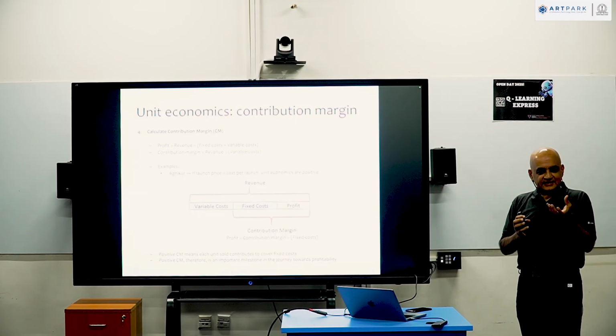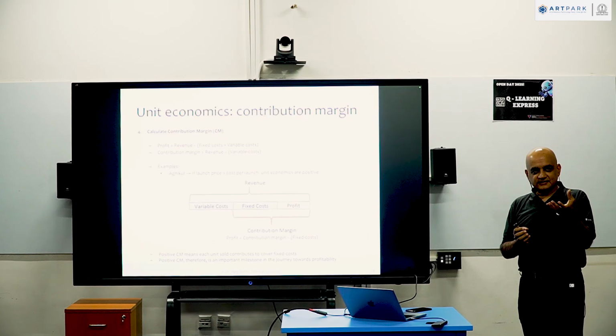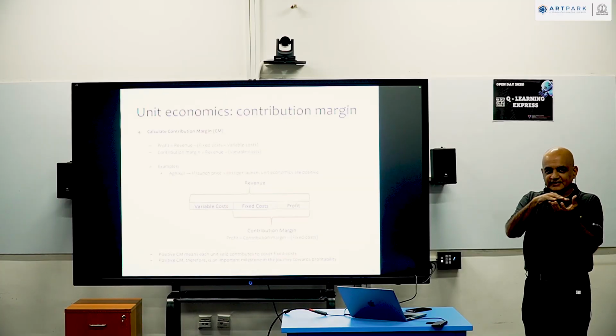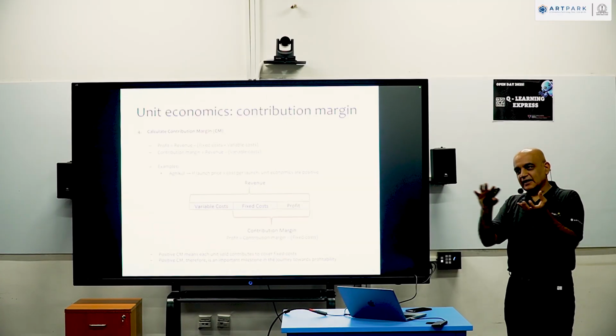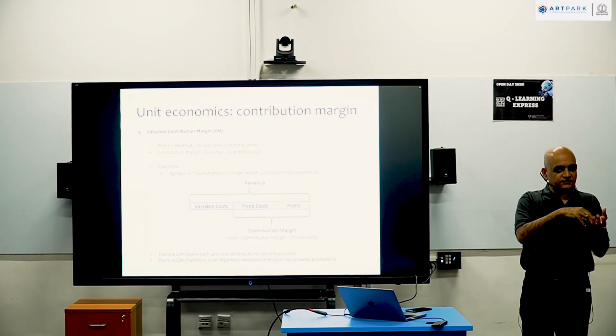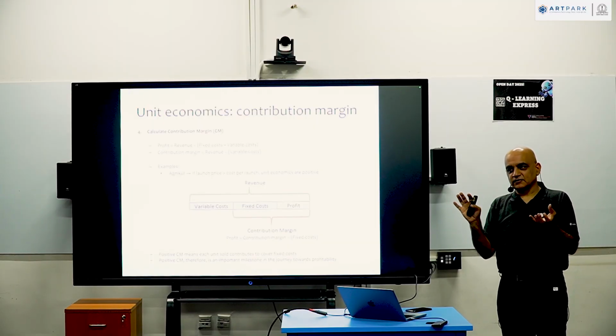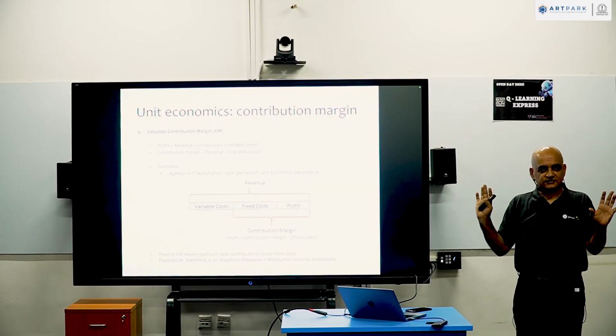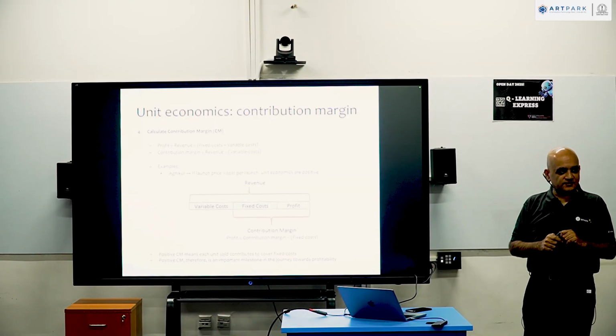So if you're making 10 rupees profit per unit sold and your fixed cost is 1000 rupees, then you need to sell at least 100 of these units to break even with your 1000 rupees, right?